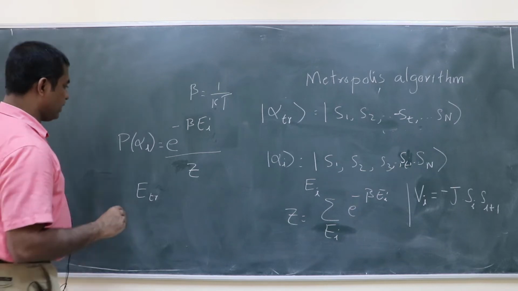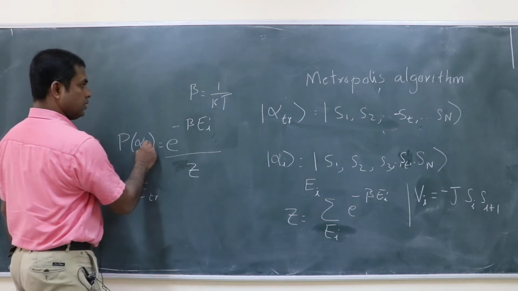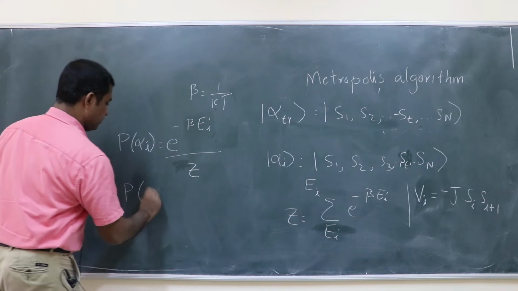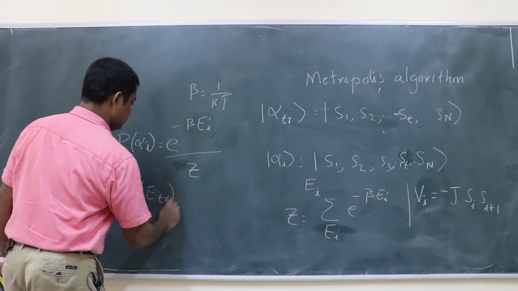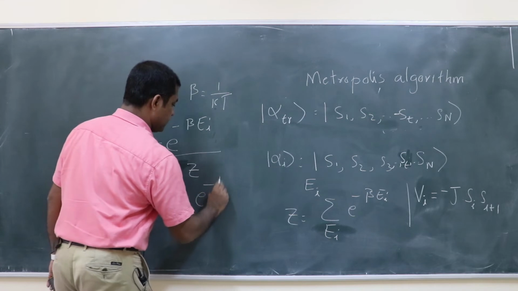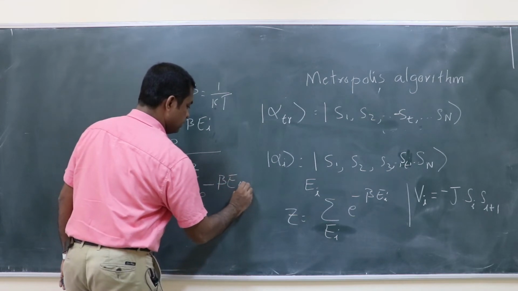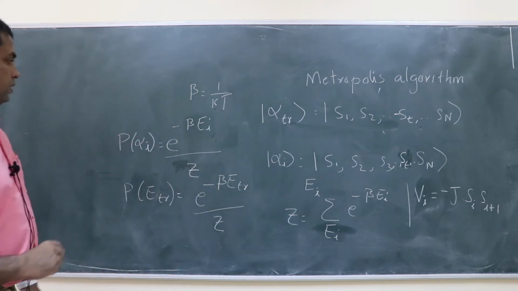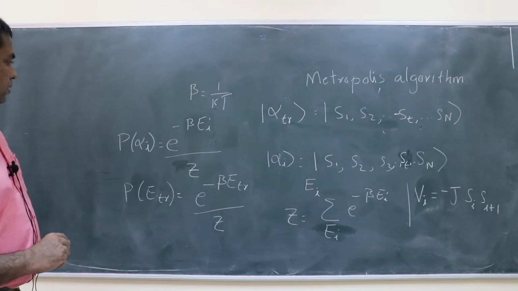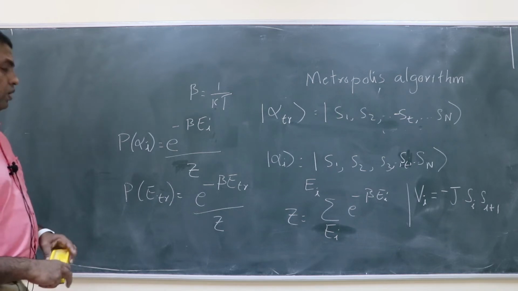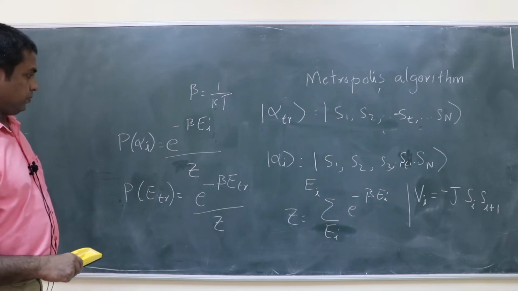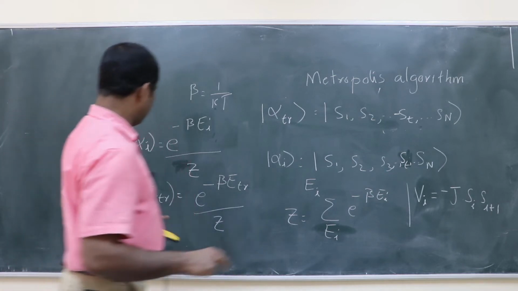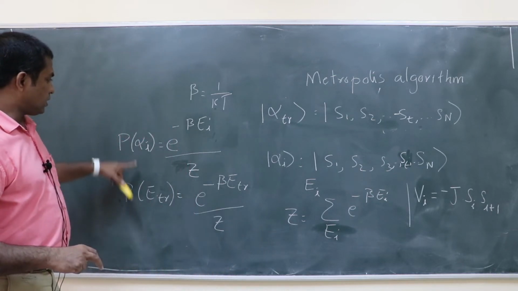What will be the probability for that configuration? P of alpha trial is e to the power minus beta E trial divided by Z. Now calculate the relative probability with respect to the initial one.